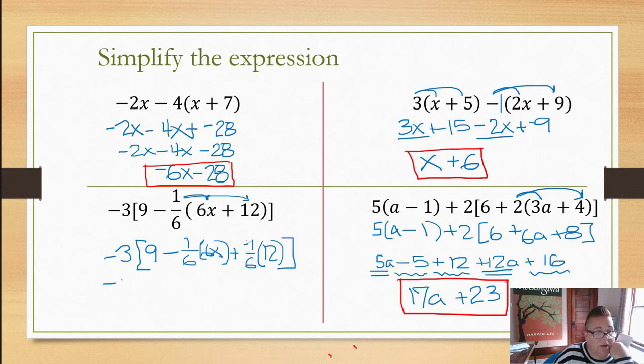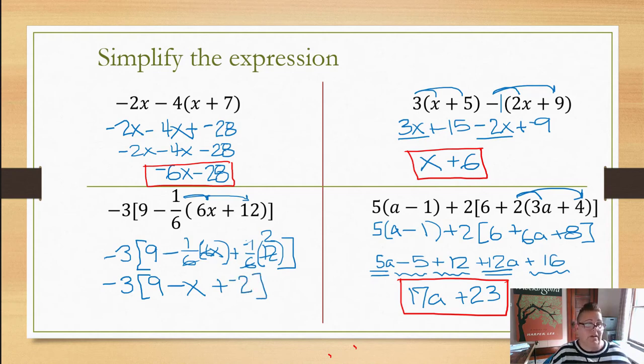Okay, so I'm going to use my calculator, which is fine. 9 minus 1/6 of 6x. The 6's will cancel, and that's just going to give me a minus x. And then I have plus a -1/6 times 12, so that the 6 and the 12 will cancel, leaving me with 2. So that's just going to be plus a -2.